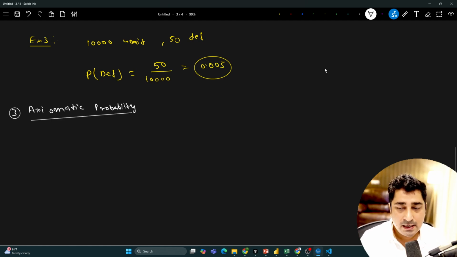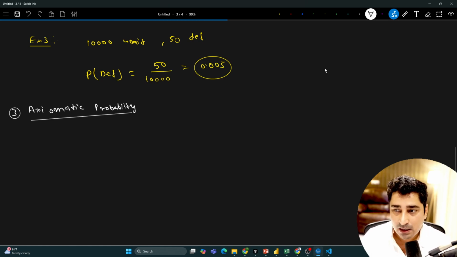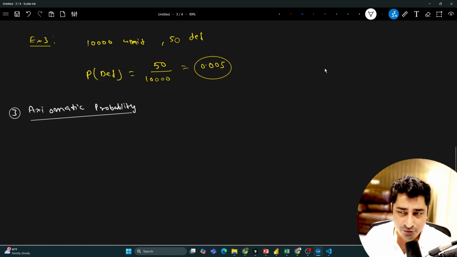Basically, this axiomatic probability was introduced by Andrei Kolmogorov. He was a mathematician, and he has given three rules, so it is also called rule-based probability.